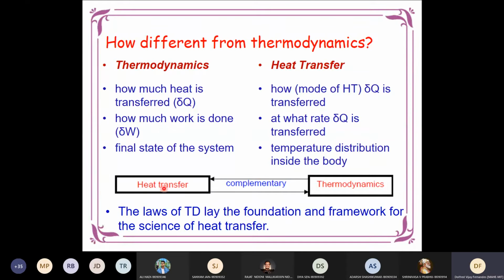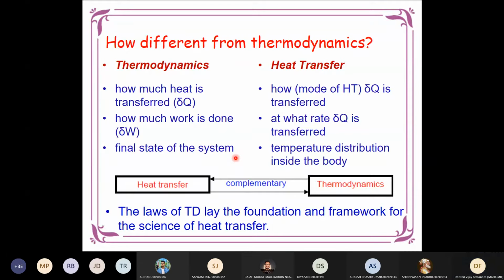However, both subjects are complementary to each other. In heat transfer also we use the thermodynamics laws. They lay the foundation and framework for the science of heat transfer. So the zeroth law of thermodynamics actually tells the direction of heat transfer.